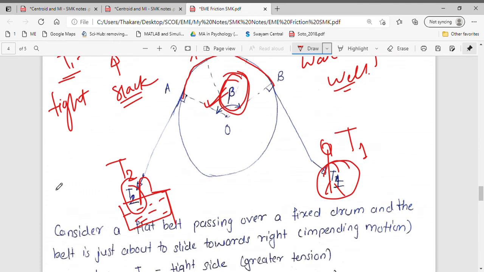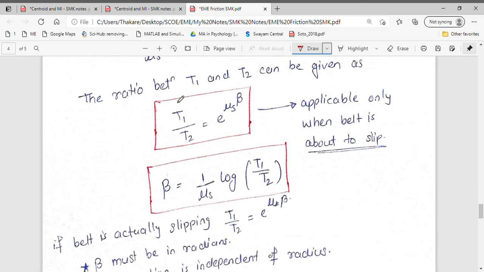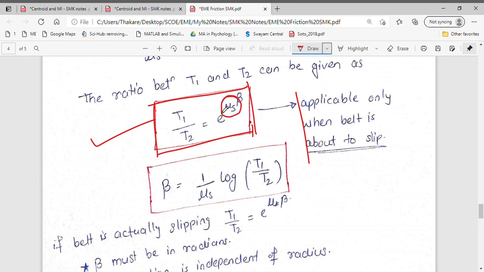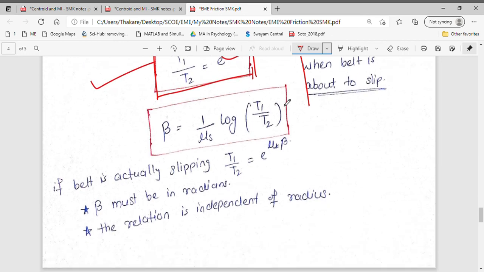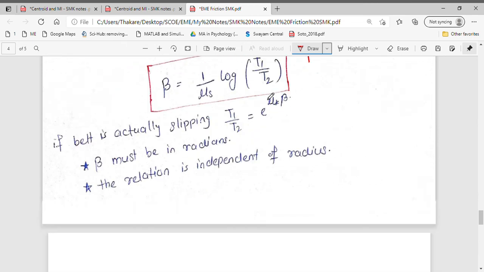If the coefficient of friction is mu, then it will be given by 1 by beta log of tight side upon slack side, or in other words we wrote it as tight side upon slack side equals e to the power mu into beta. Okay, here you again have static and kinetic conditions. If the body is about to move or about to slip, you apply the static condition. When the body is already in motion, you apply the coefficient of kinetic friction.